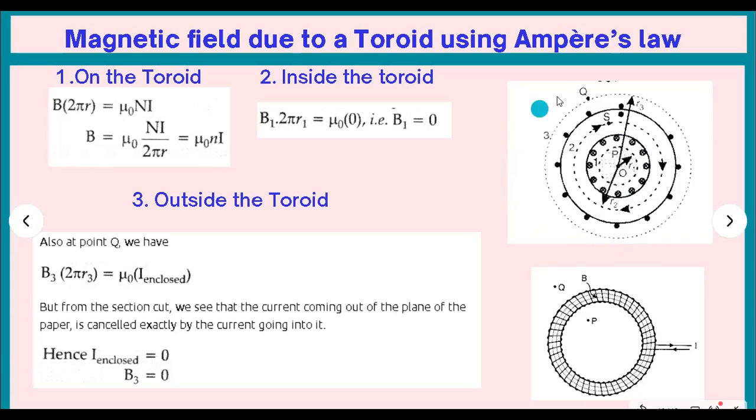Now, outside the toroid also, since it is outside the toroid, the current coming out of the plane of the paper is cancelled by the current that goes into it. Therefore, the magnetic field outside the toroid is also equal to 0.